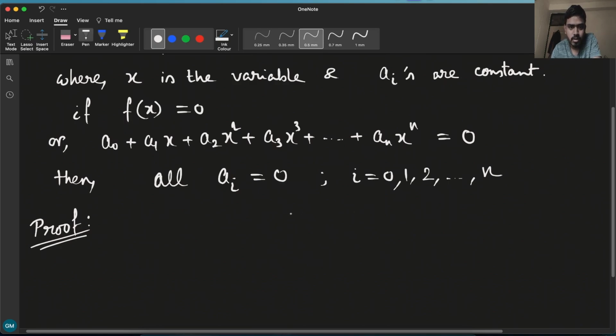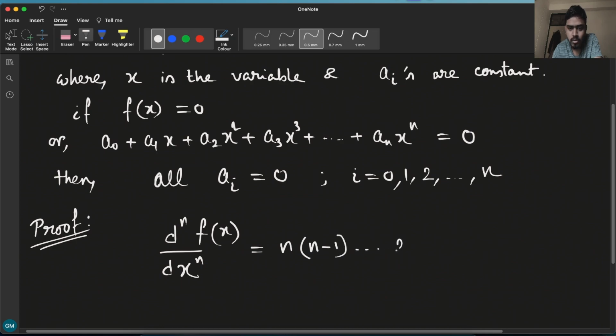First we will show that an is 0. How to show that? We already know that f of x equals 0. Then if you take the nth order derivative of f of x, d n by dx n, what you will get is n times n minus 1 dot dot dot 2 times 1 times an equals 0, and this factor cannot be 0.